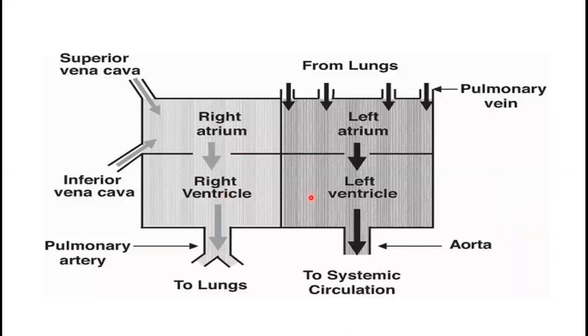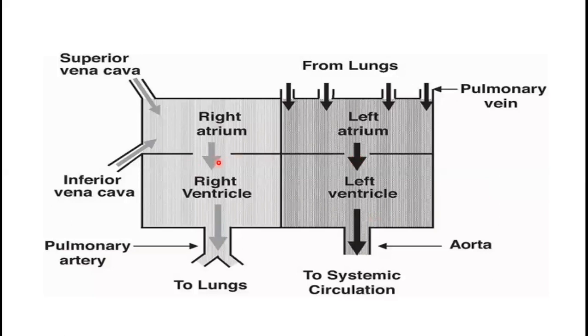Atria and ventricles are also separated by a septum, but there are entry points so that blood can be transported from atrium to ventricle. These entry points are guarded by certain valves.